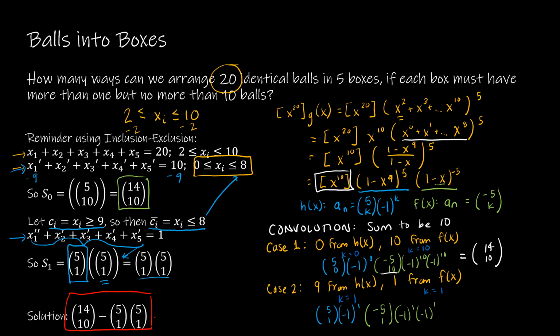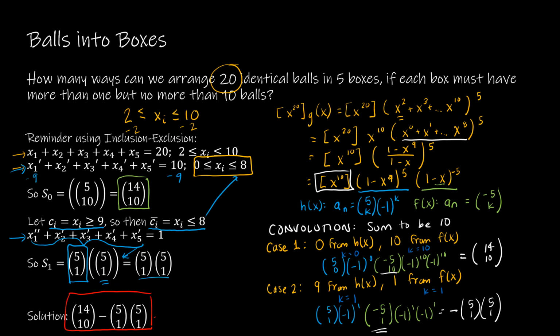So simplifying that one, 5 choose 1, and then negative 1 to the first is negative 1, so I'm just going to write that as minus. And then this guy is negative 5 choose 1, which is 5 plus 1 minus 1 choose 1, which is 5 choose 1.